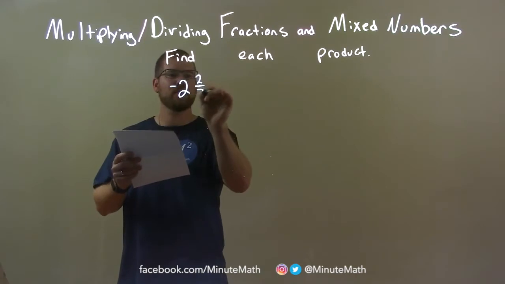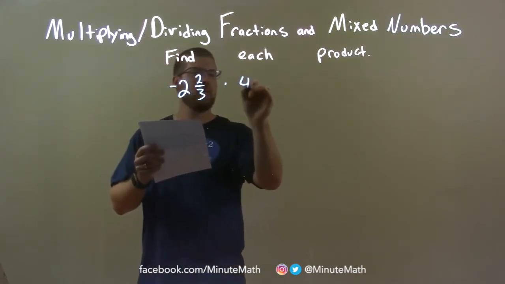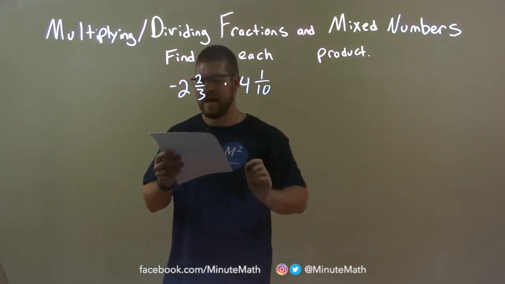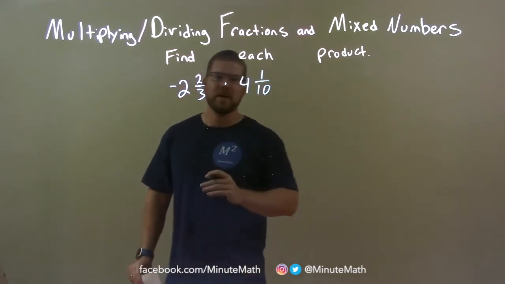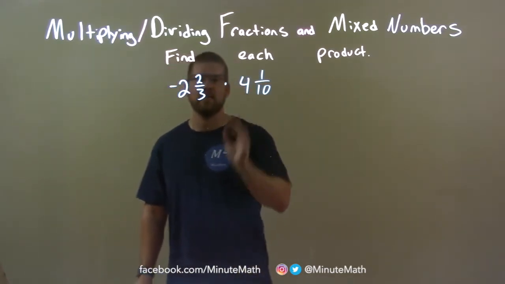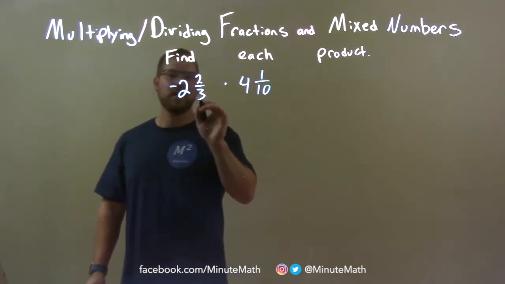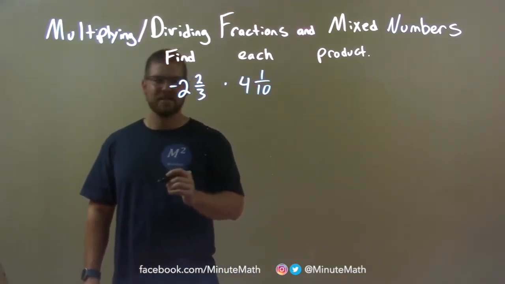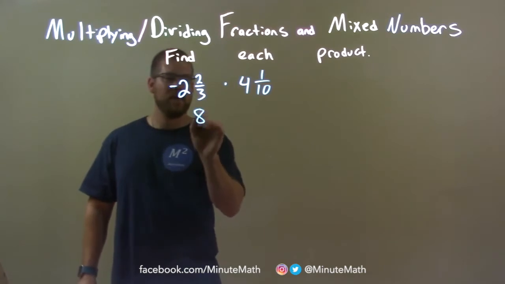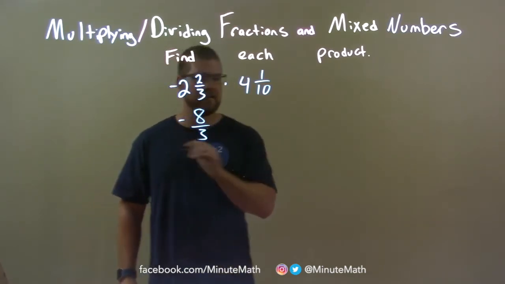-2 2/3 times 4 1/10. Okay? Well, first thing is I like to write these as improper fractions for multiplication. I always convert it. So 3 times 2 is a 6, right? Plus 2 is 8. So we have 8/3 here, and that's a negative.